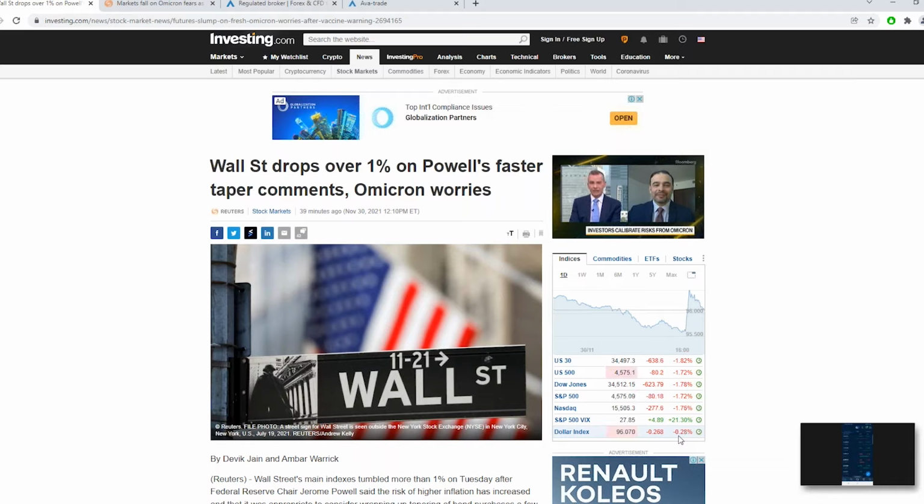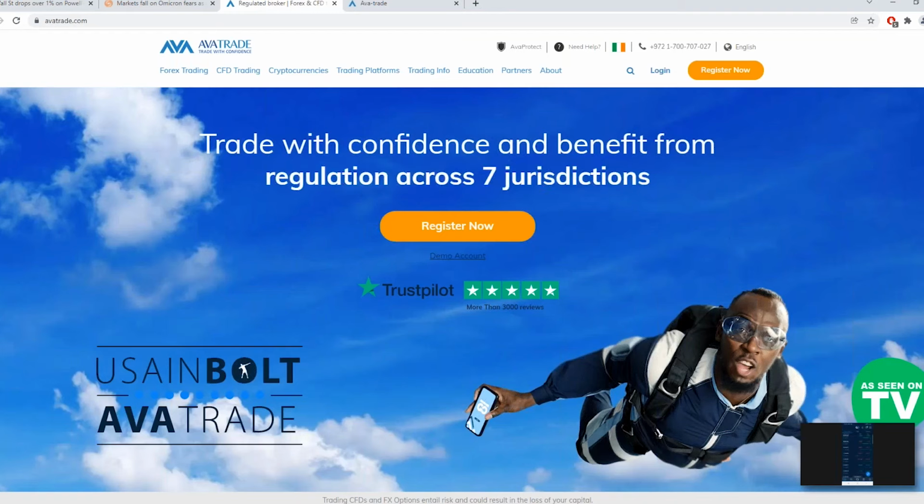The euro dropped quite a bit against the USD today, but it looks like overall the US dollar is moderately responding to all of this news. It's not really shooting up or down too much. But the fear is definitely there on the markets. And so we keep that in mind now as we go into our technical analysis.